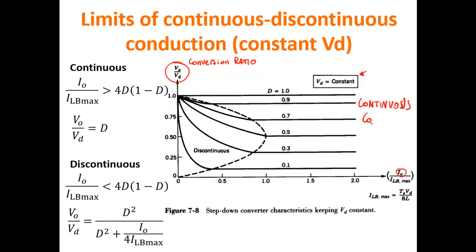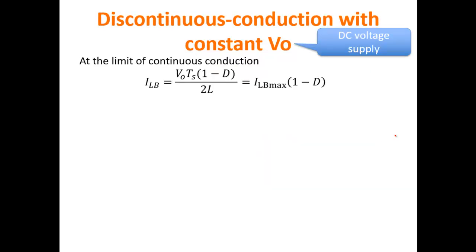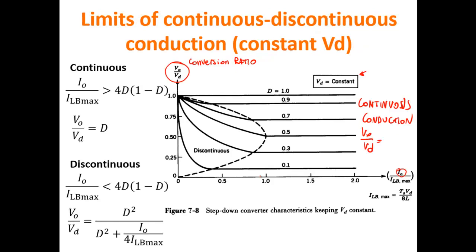In continuous conduction, VO over VD is equal to the duty cycle, D. This is what we had found. So what does it mean? It's independent of the current. Okay? So the lines are horizontal lines because they do not depend on the current.